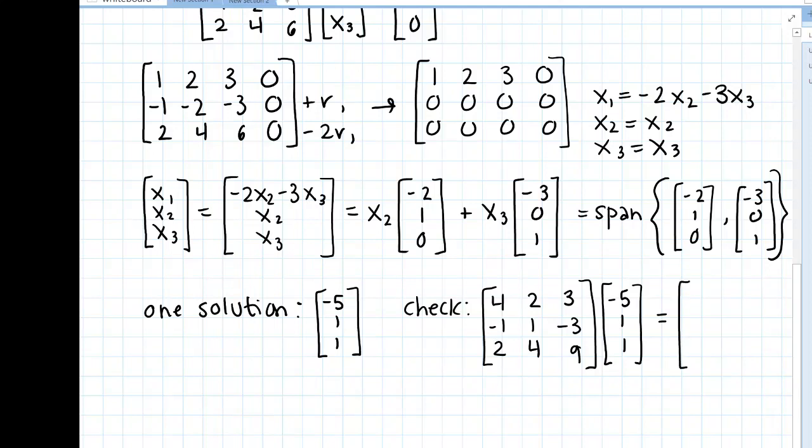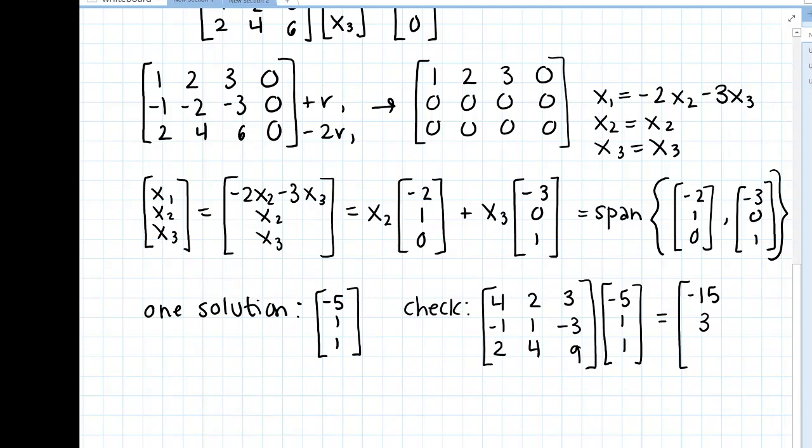So if we do this, in the first entry we'll have negative 20 plus 2 plus 3, so that's negative 15. In the second entry we'll have 5 plus 1 is 6 minus 3 is 3.